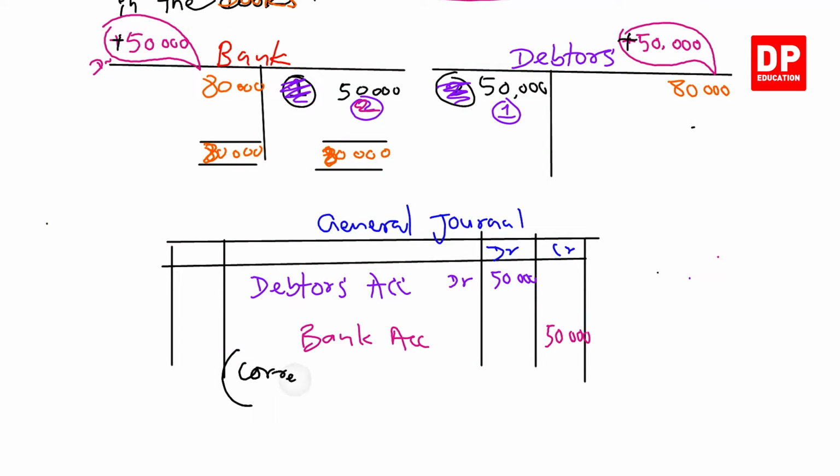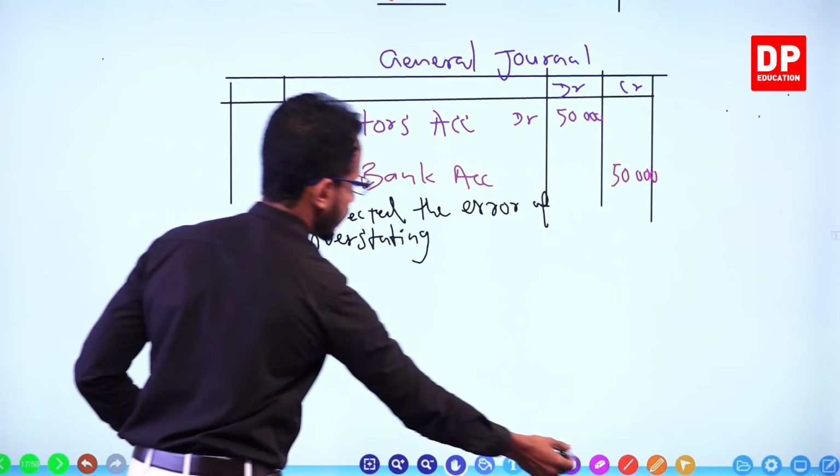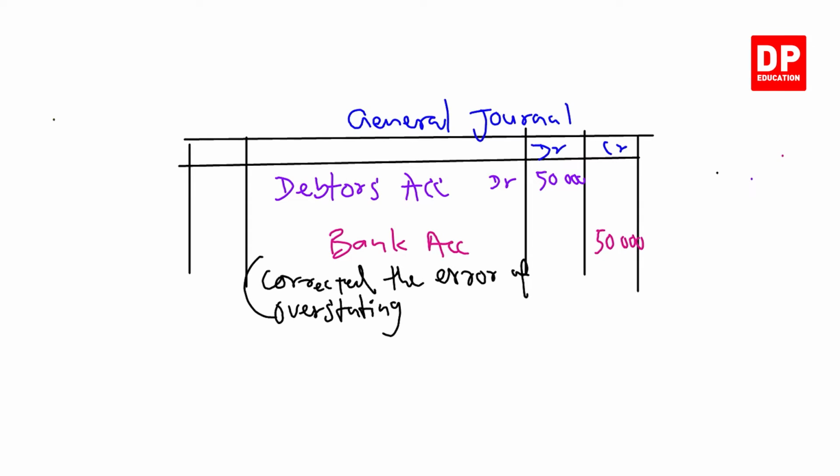Corrected the error of overstating. Overstating means putting in excess. We call it overstating. That is the error.